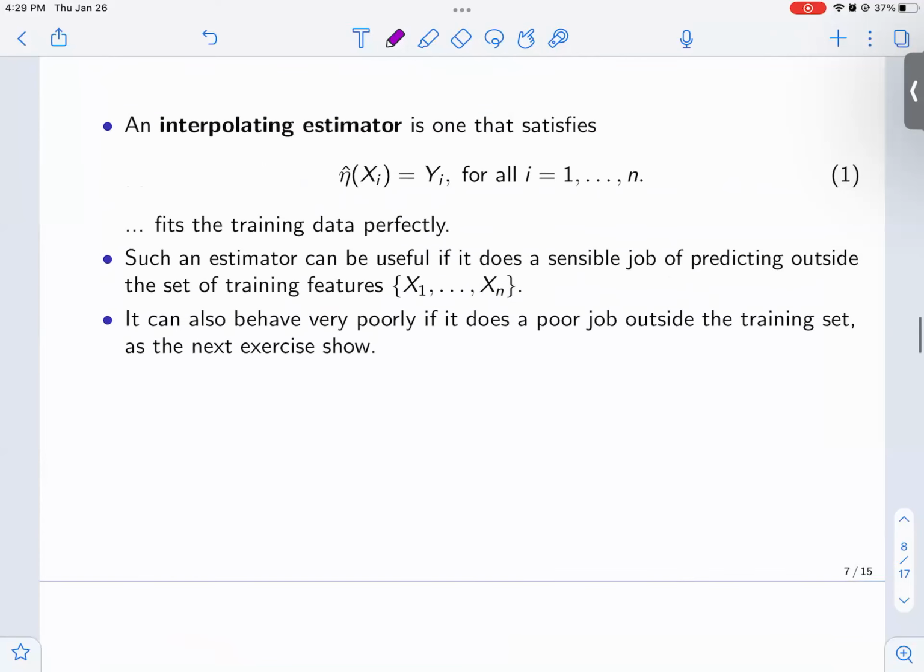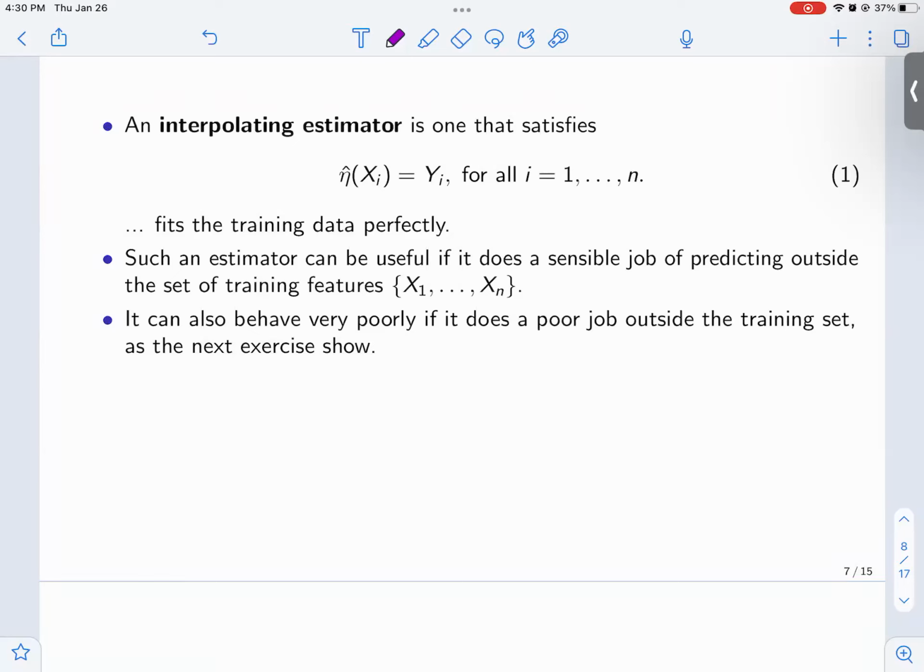But it doesn't say that all interpolating estimators are bad. Actually, there is a trend now in machine learning to train huge neural networks that basically interpolate, but they still do well outside the interpolation.